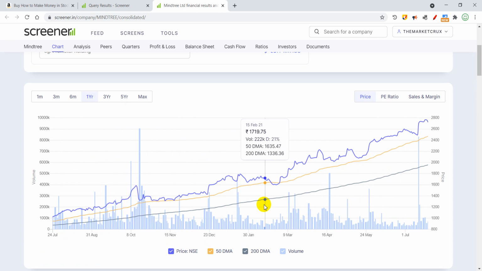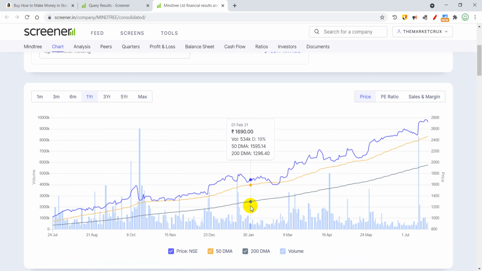On top of that, the second scan which I would like to do is that this 20 period moving average, the 20 DMA, the 50 period moving average over here, the 50 DMA, and the 200 period moving average should be going upwards and should be going away from each other.